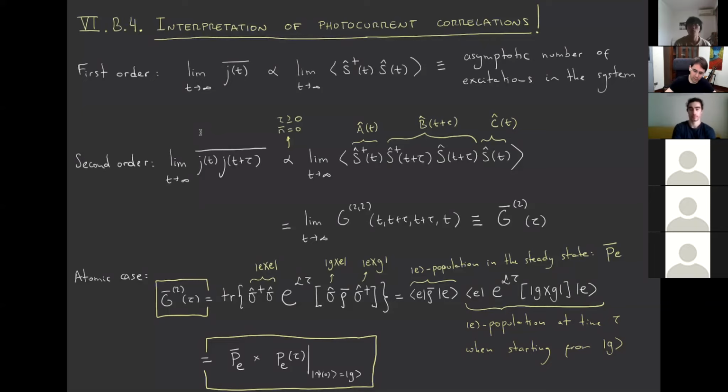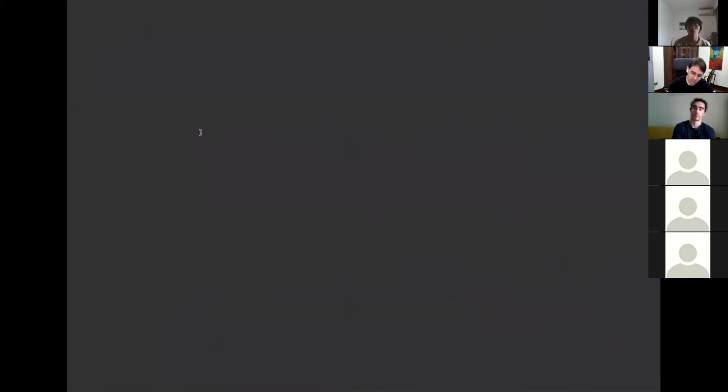However, let me even give it more physical interpretation. So first of all, when the atom is in the ground state, I think you would agree with me that there is no emission.